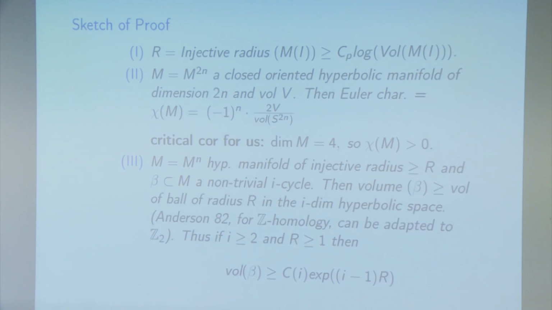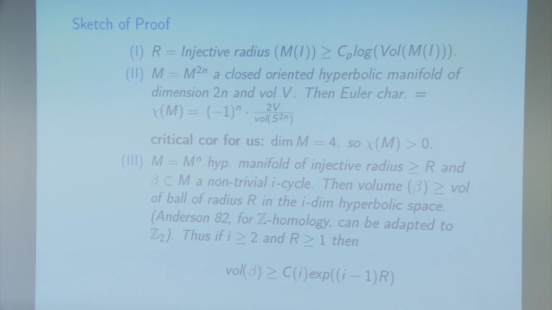Another fact which we had to prove, but it was kind of imitating some old results. As I said, most of the systolic work was done over R, and that is standard for my co-author Larry Guth.